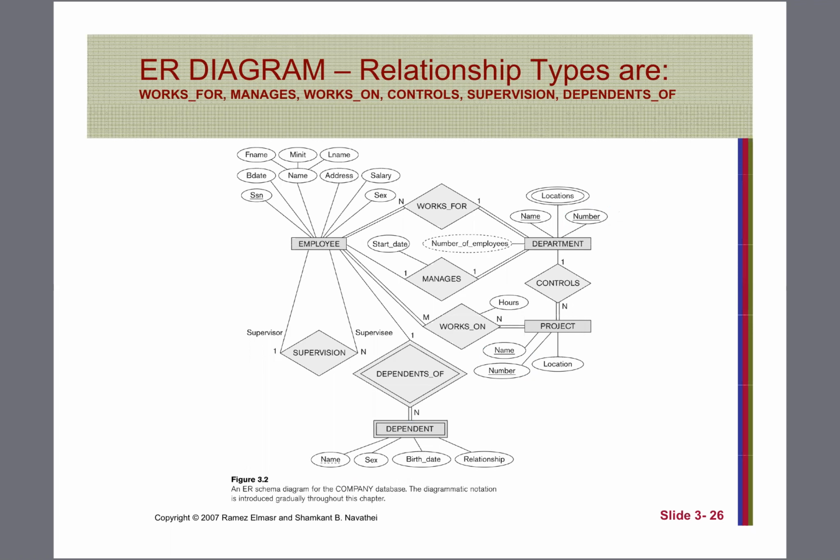So in that case, one of the attributes of the dependent table and a combination of another attribute from the employee table will help us identify the dependent separately. That means for any particular employee, the name of the dependent, one particular employee from this table and one particular dependent from this table are related via the dependents of relationship.